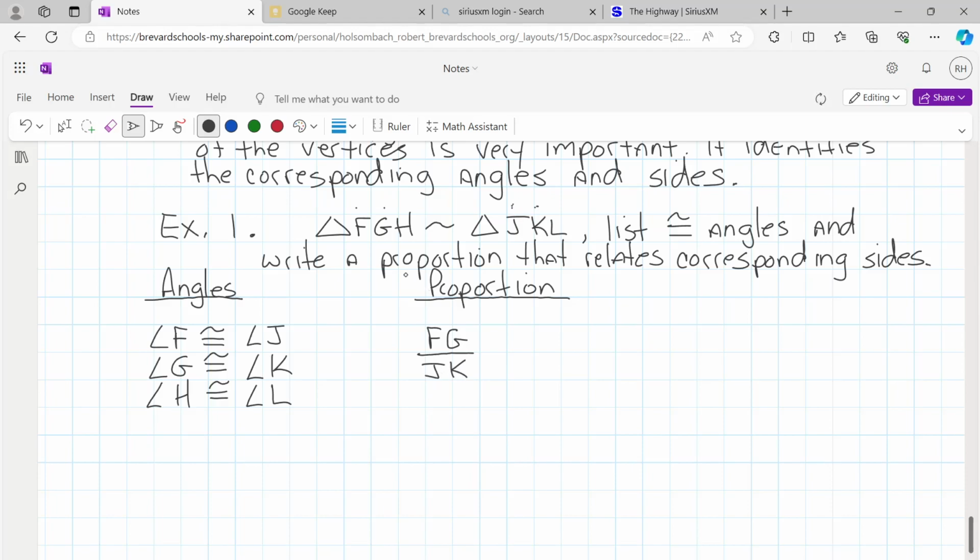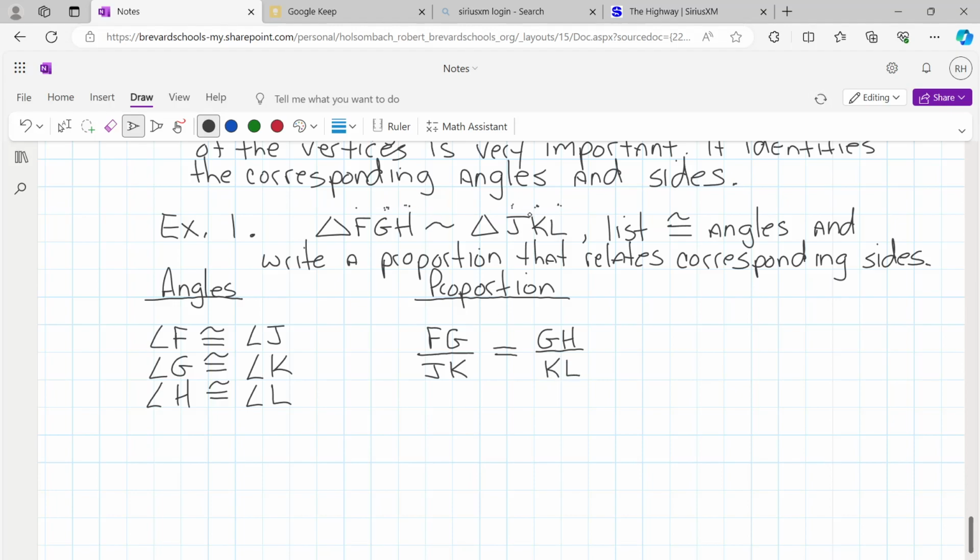So FG over JK is going to be equal to, now I'm going to use the second and third letter in the first description. So GH over, what's GH going to go over? KL, good.